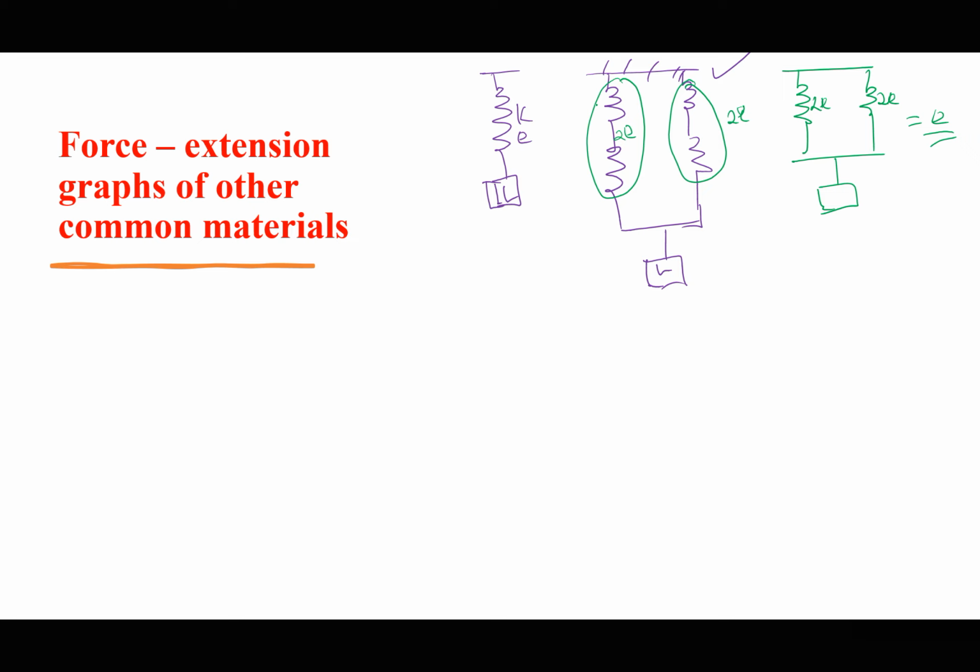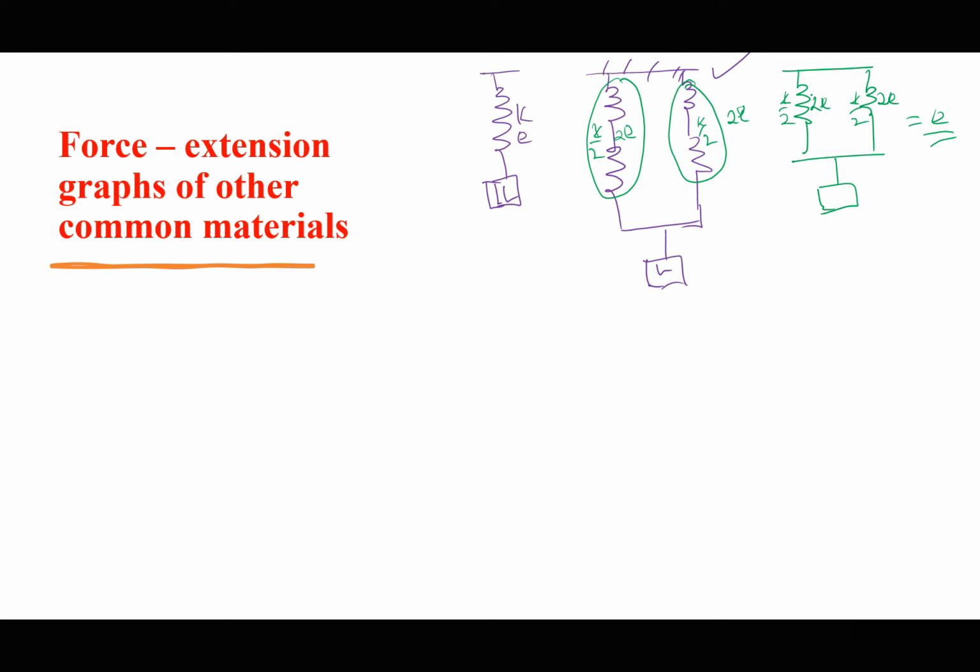Then how about spring constant? The spring constant for two springs in series was K over 2. This will be K over 2. And this was also K over 2. Now you have two springs which are in parallel, where this is K over 2 and this is K over 2. So what is the total?